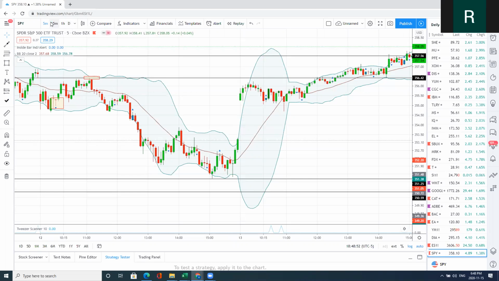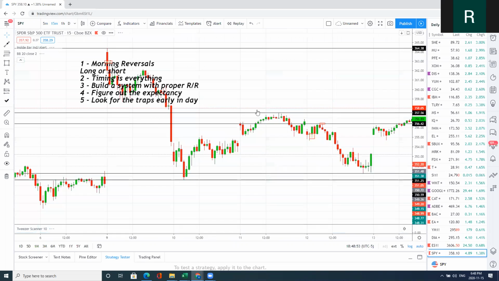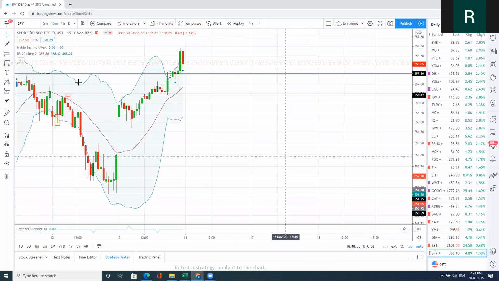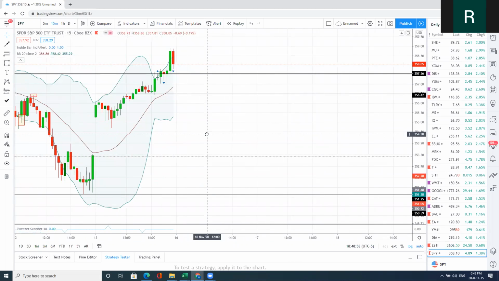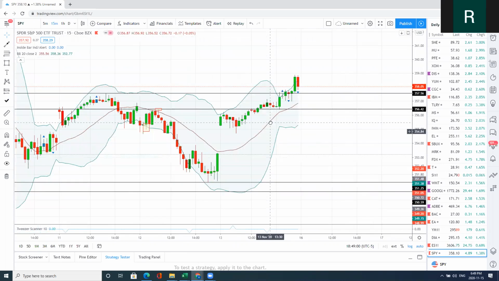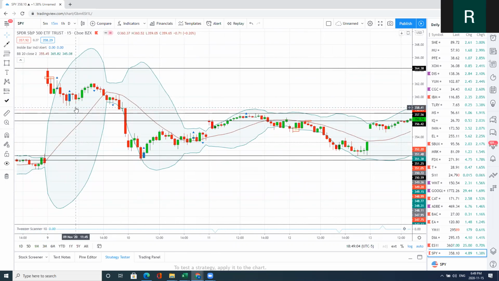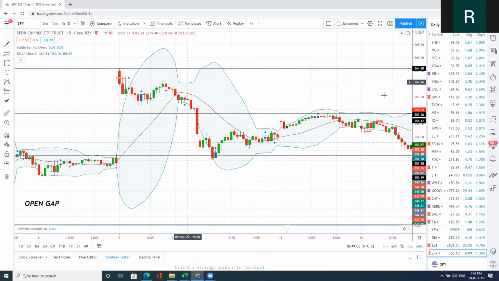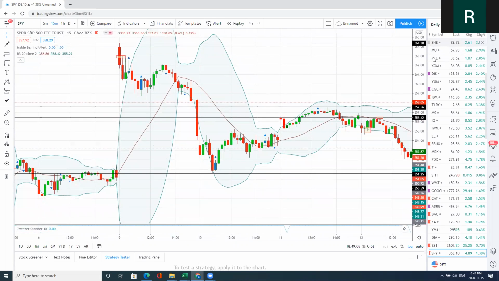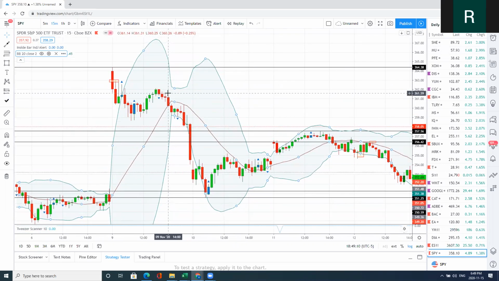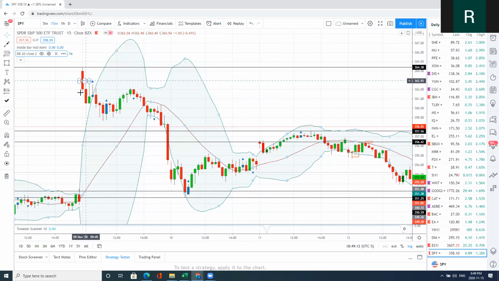So as an example, let's look at the 15-minute chart. Let's go back to the beginning on the 15. One of my systems, my inside bar system on Trading Wars, is actually a 15-minute setup. So here's an example of a 15-minute setup that I would do in my system.